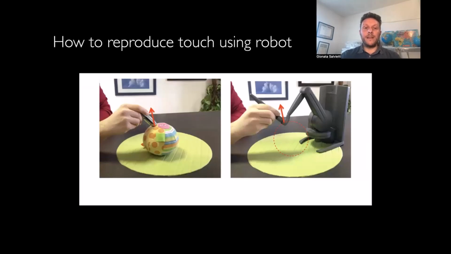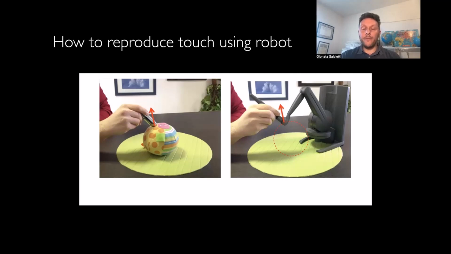Imagine that here in this picture on the left, we are touching an object through a pen. How do we perceive that we are touching this object? We perceive the presence of the object because when we push with the pen on the object, it follows Newton's law and replicates the force that we are applying with an opposite force that is proportional to it.